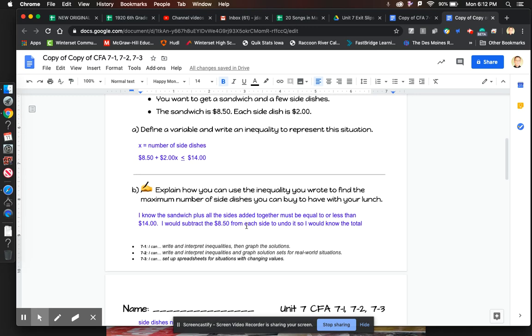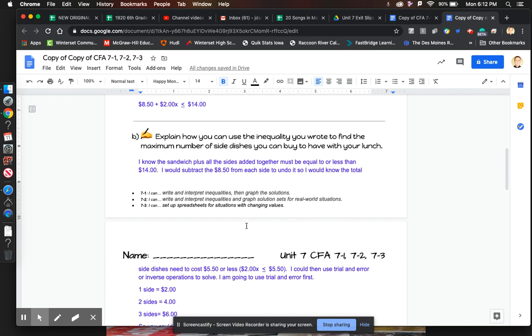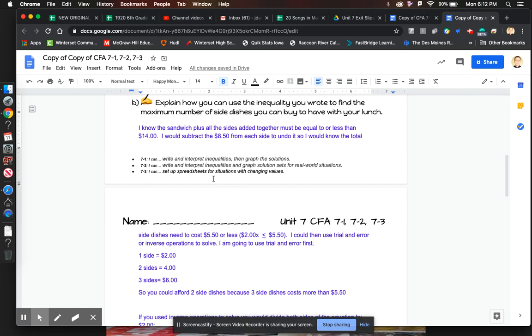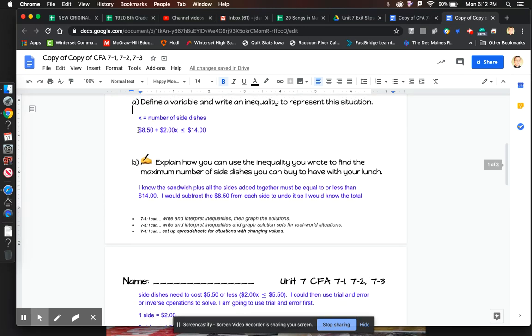Okay, so to explain, kind of going through to find the number of side dishes here, I know the sandwich plus all the sides added together must be equal to or less than $14. So I would subtract $8.50 from each side of this inequality to undo it. So if you look back up here, if I take away this $8.50, because if I add $8.50, I can subtract it like it never happened and undo it. But then I would need to subtract $8.50 from this side of the inequality as well.